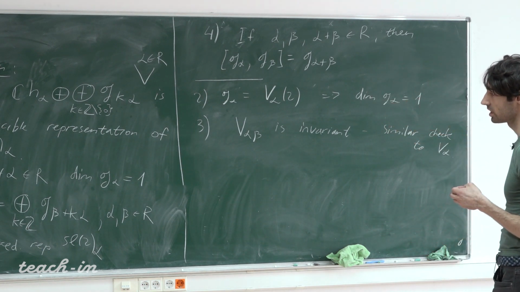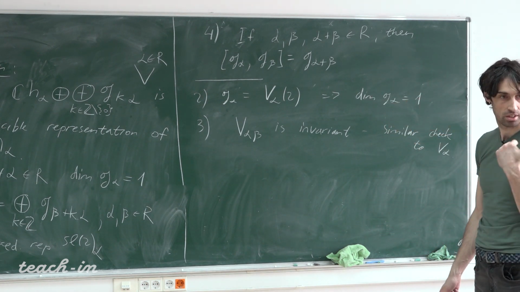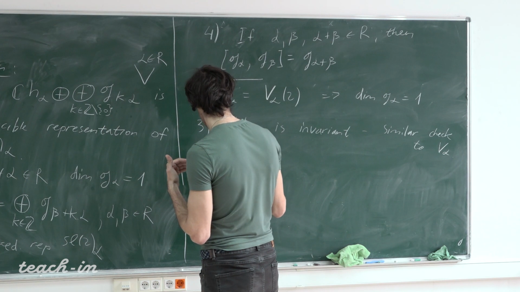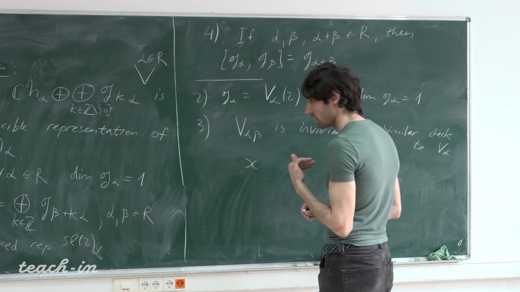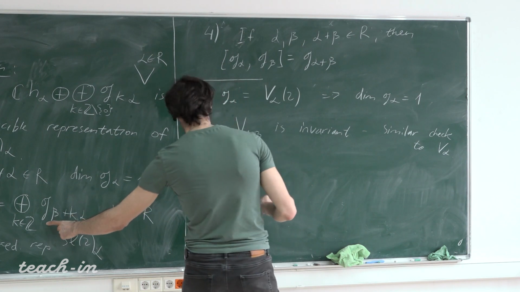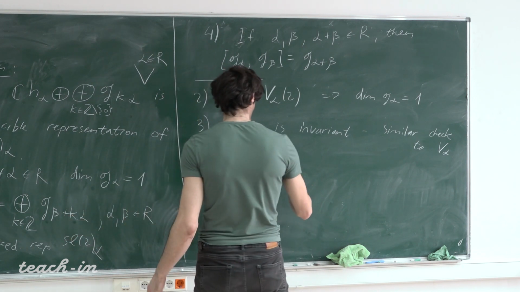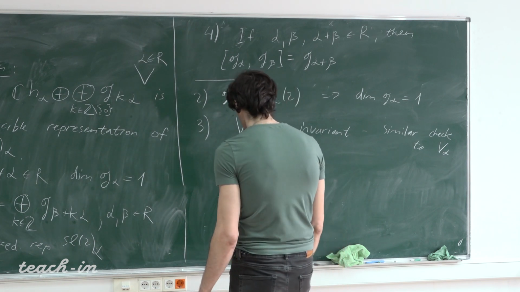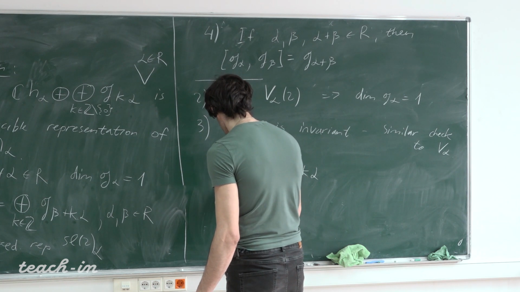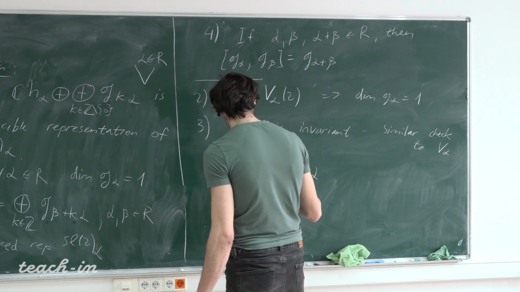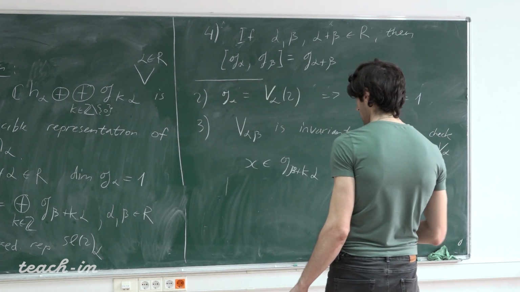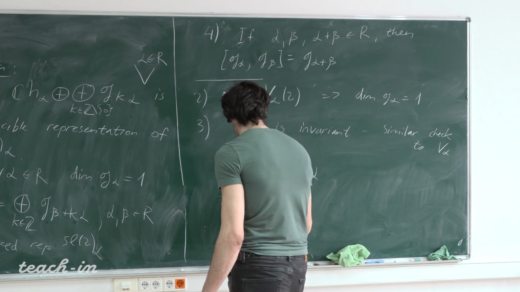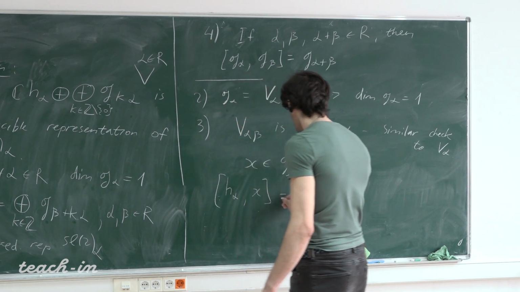We just need, again, to look at weight subspaces, right? So let me take, again, x from this summand here, g beta plus k alpha, and act by h alpha on x. Then what do I get?